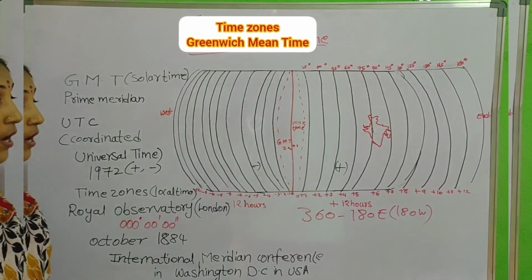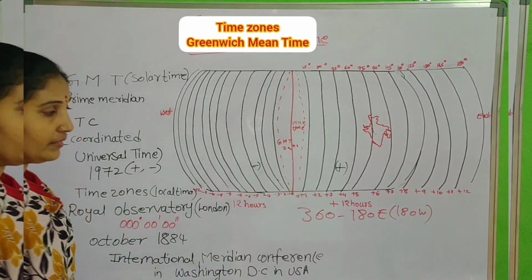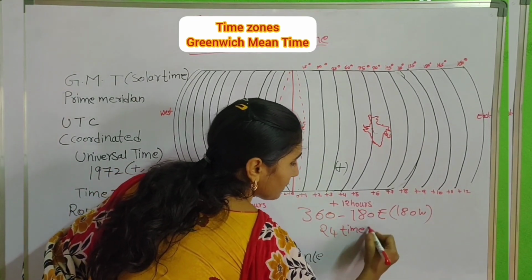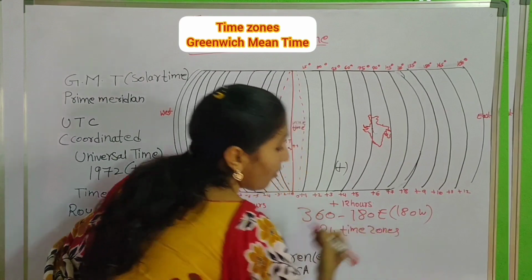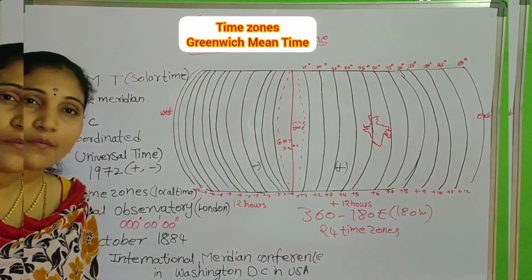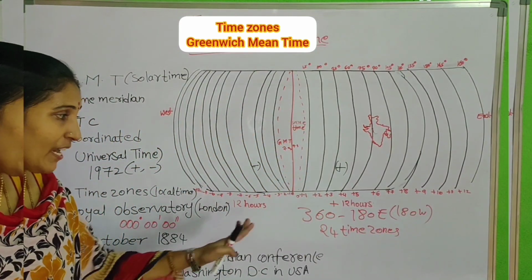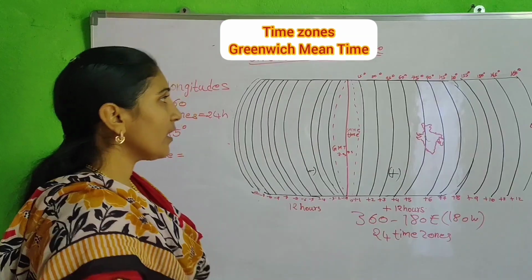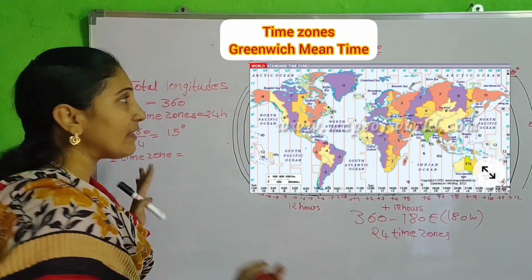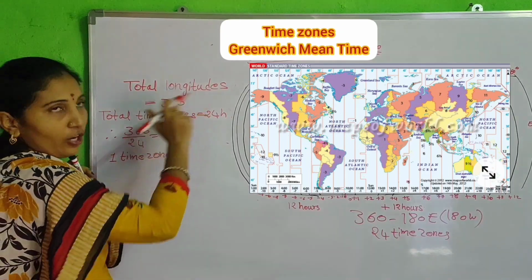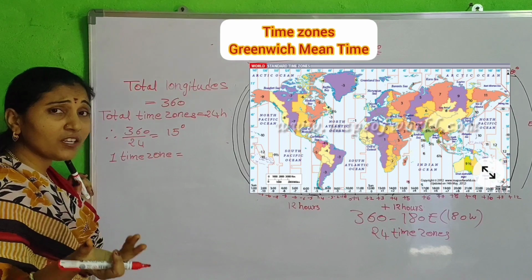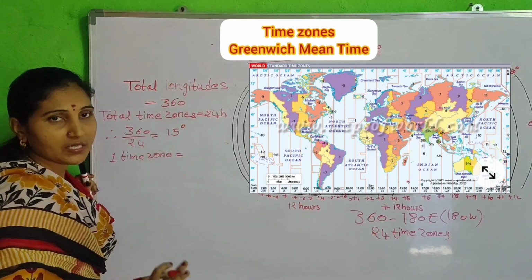Okay. Now, how many time zones are there? There are 24 time zones. Why 24 time zones? Because we have 24 hours, so it is completely divided into 24 time zones. So it is very clear to you all that there are 360 longitudes, and we know the other thing also, 24 hours.